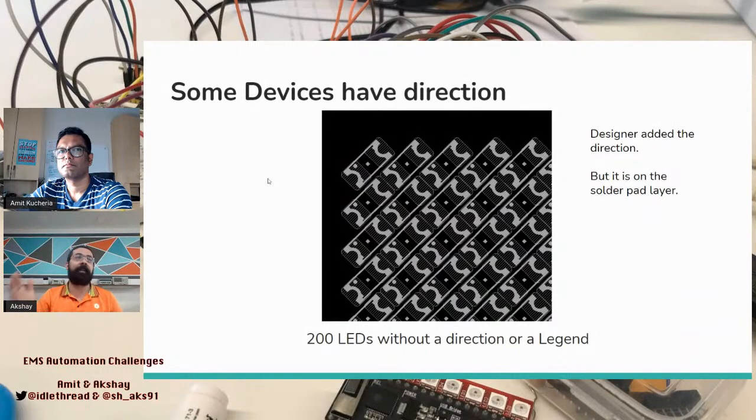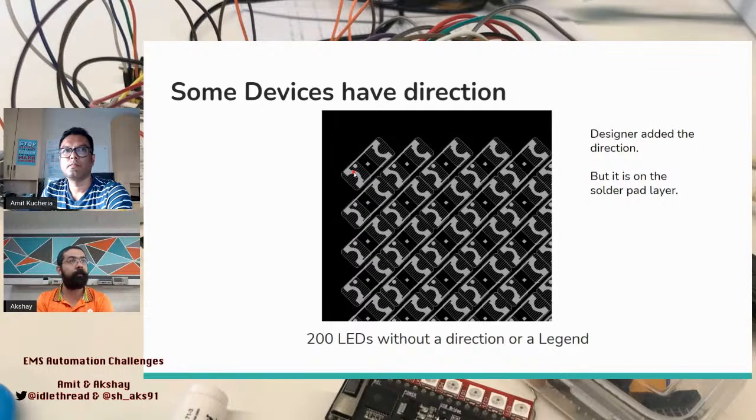enormous amount of time. Now let's look at another kind of a problem where there are some devices have orientation. LEDs only work in a given direction. Anode to cathode, cathode to anode. The way you're going to configure it, you make your choice. Over here, the designer was very nice. He was kind. He made a really nice dot over here that this is going to be my negative side.